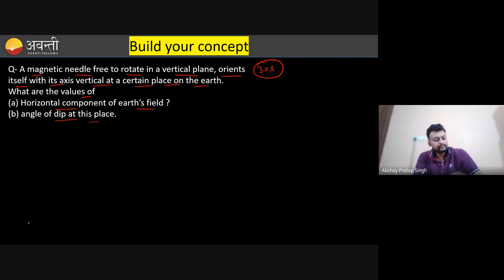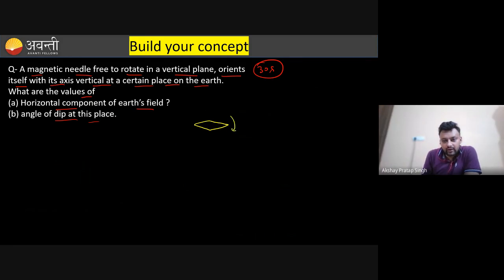Anyone got the answer? Okay. Now, according to the question, the needle is free to move in a vertical plane like this.